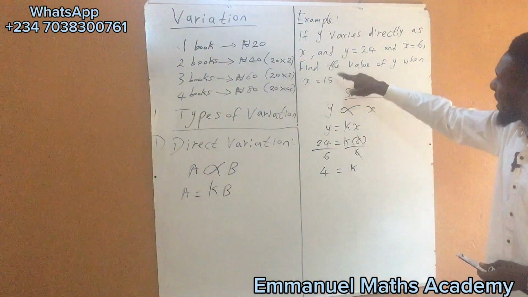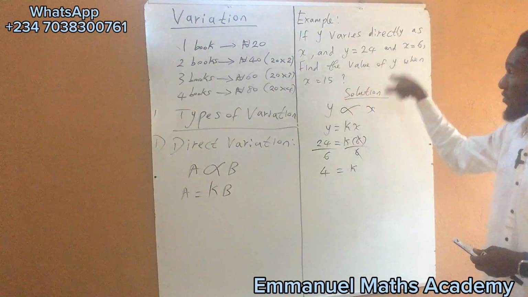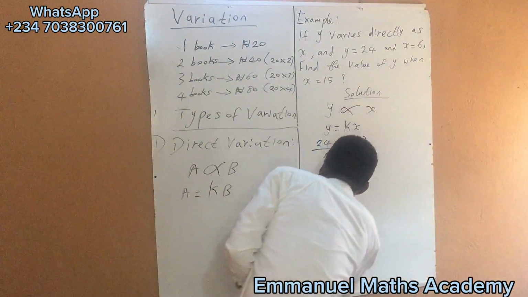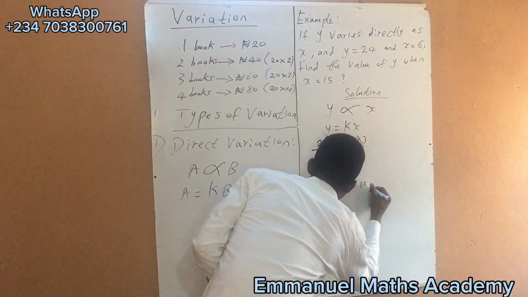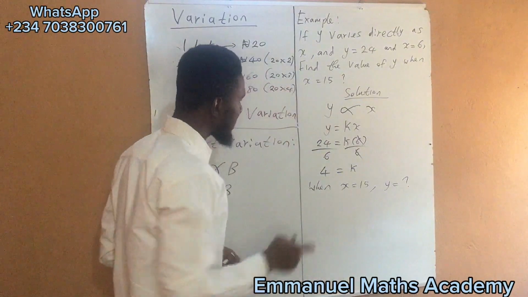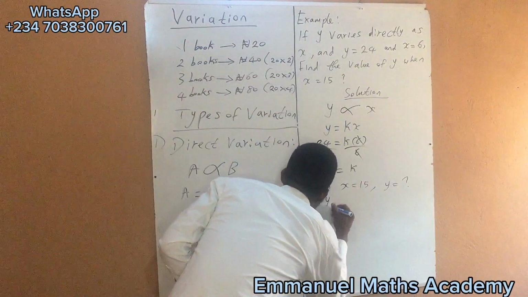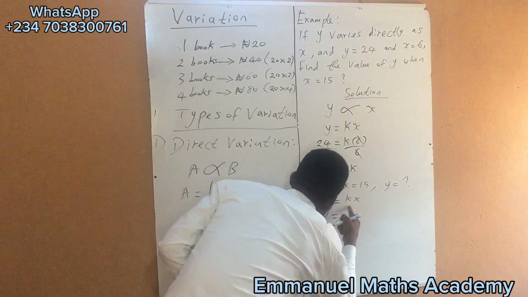Then it says find the value of Y when X is equal to 15. That means when X is equal to 15, Y is unknown. From this, you have that Y is equal to KX. What's the value of K?